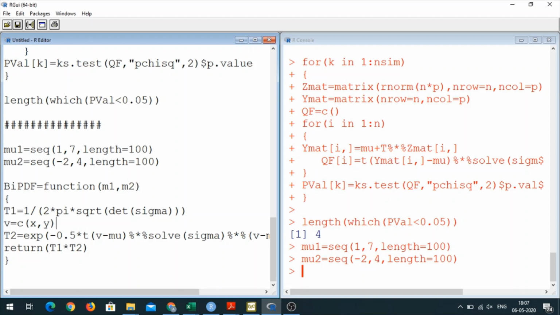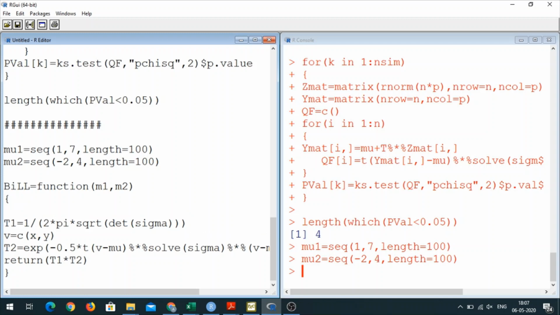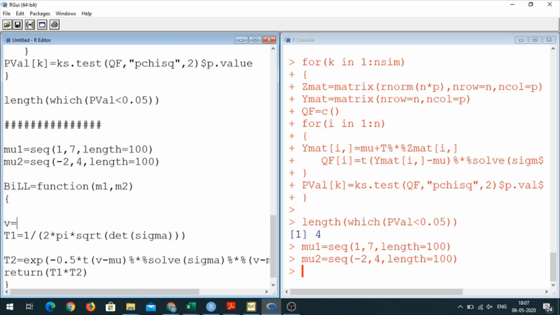Sigma is known, we will use that. V we won't take. Okay, so let me call it bivariate likelihood. So every time instead of V, we are going to take the ith observation from that sample. So YMAT ith observation.